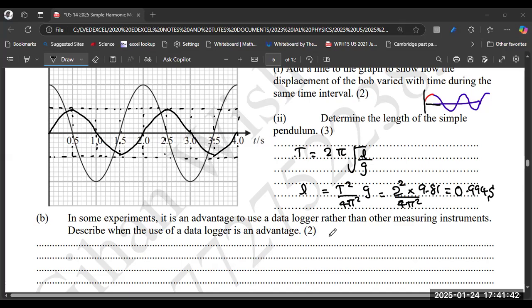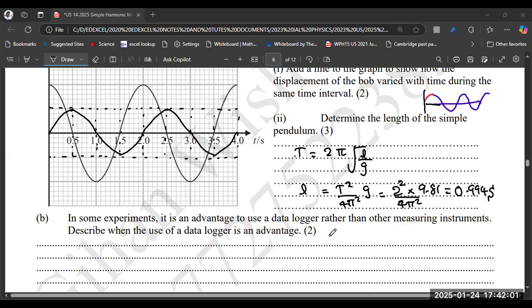Number one, they can measure data without human reaction time.